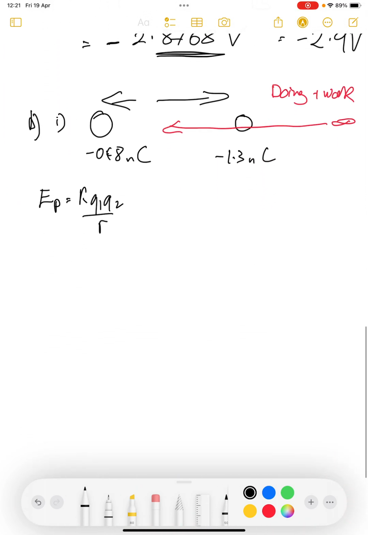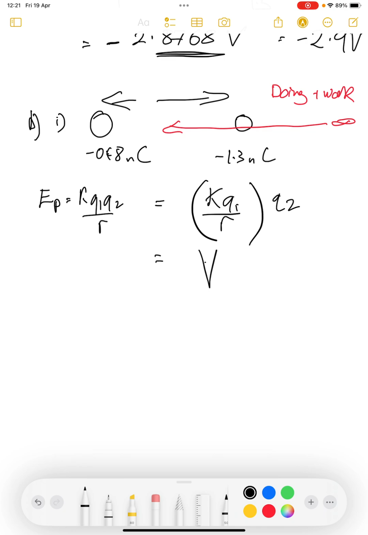But also, what I'm really saying is E_P is equal to kQ1 over r times Q2, which is essentially V_E times Q2.